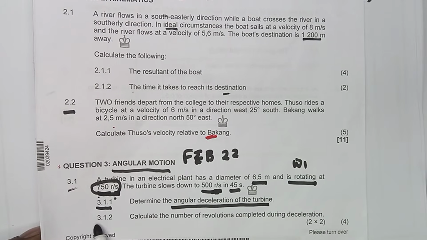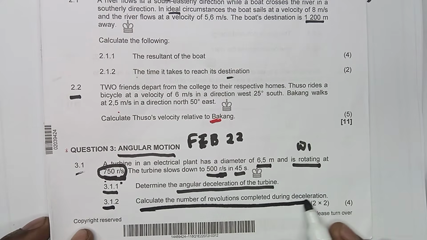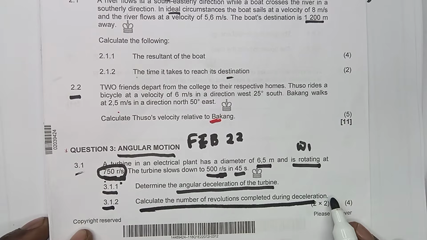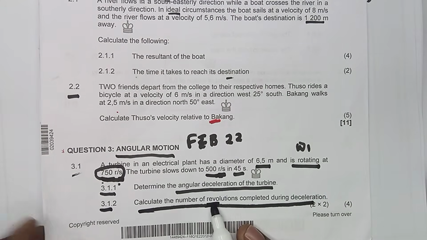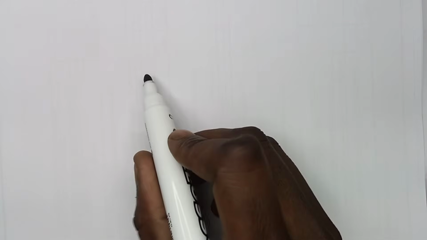Okay, then on 3.12, calculate the number of revolutions completed during the deceleration. Okay, the number of revolutions. We know that in order for you to actually find the number of revolutions, this is the concept here.